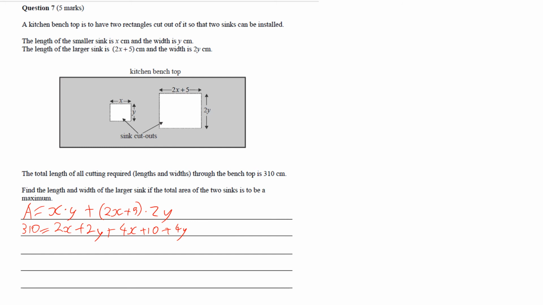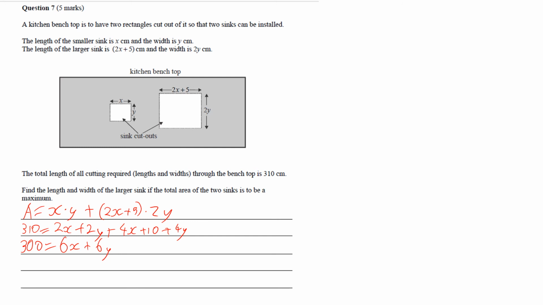So smaller is 2x plus 2y, larger is 4x plus 10 plus 4y. Let's combine this down. We'll get 300 is equal to 6x plus 6y.